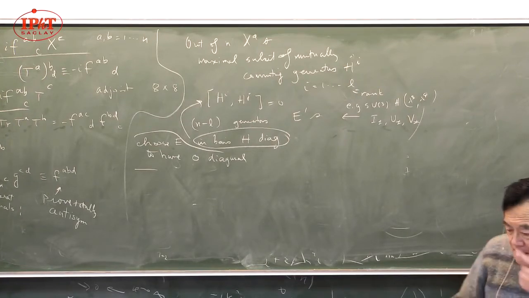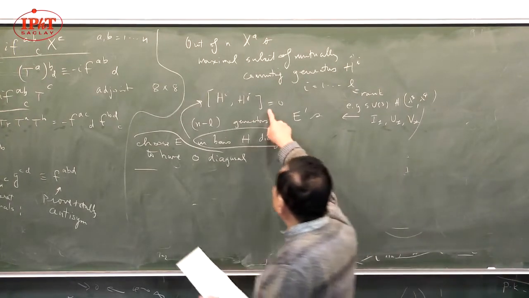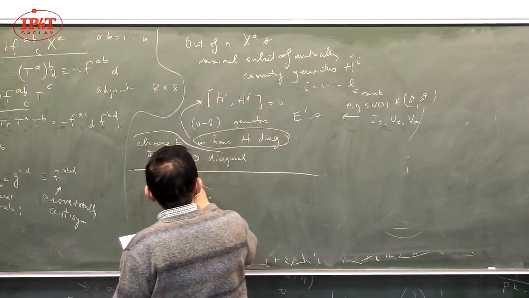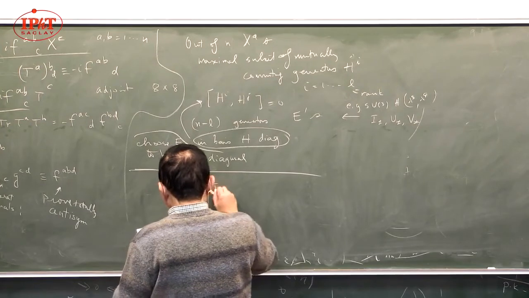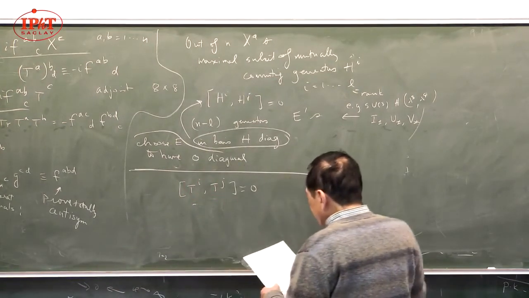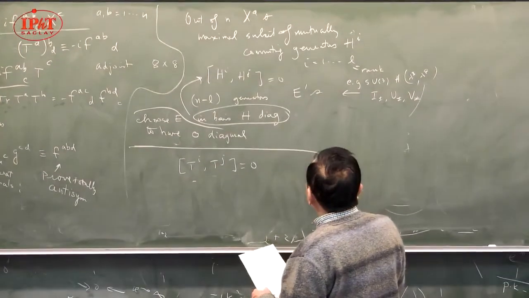So now, in the adjoint representation, this statement is, of course, [Ti, Tj] = 0. So the T's can be diagonalized.